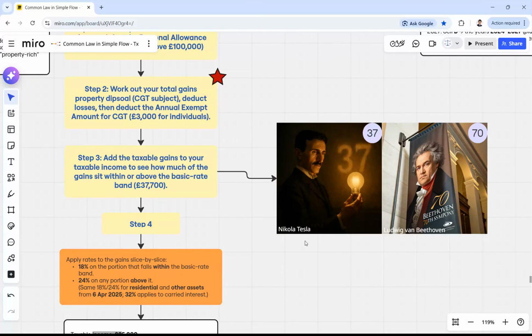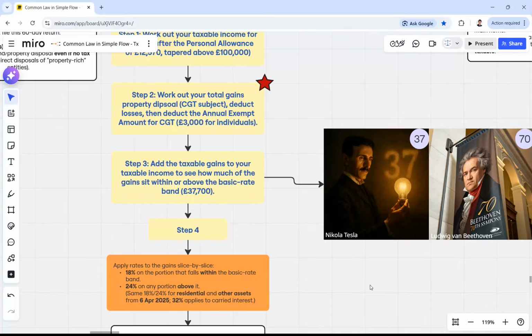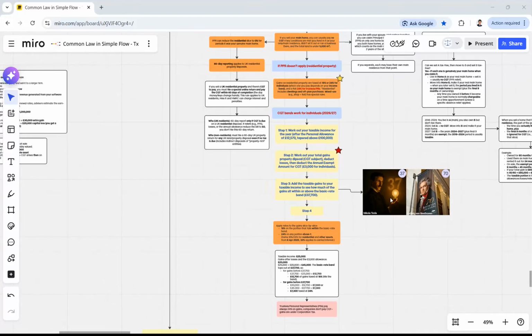How to remember them? Nikola Tesla and Ludwig van Beethoven with 37 and 70. They will be our helpers to remember these numbers.